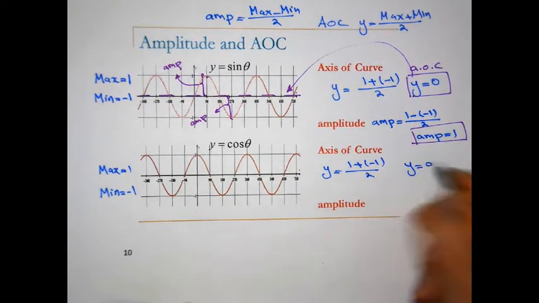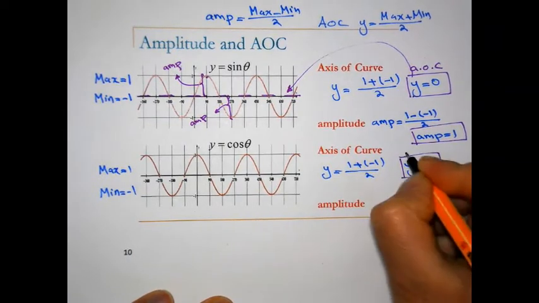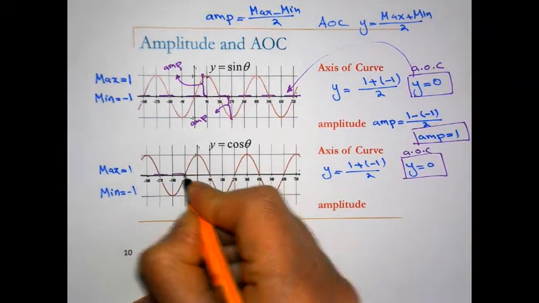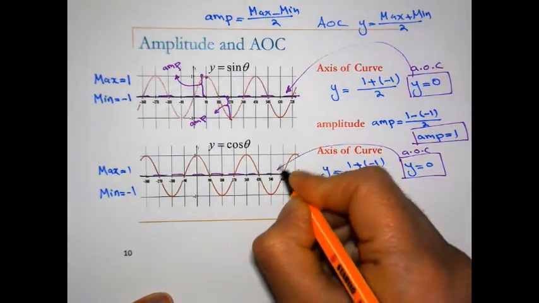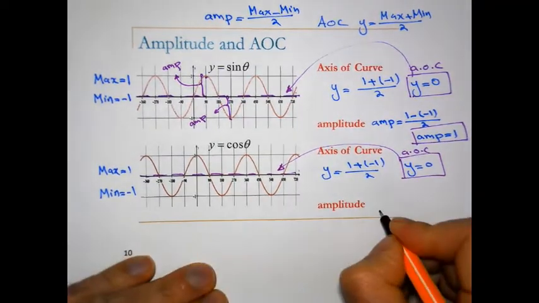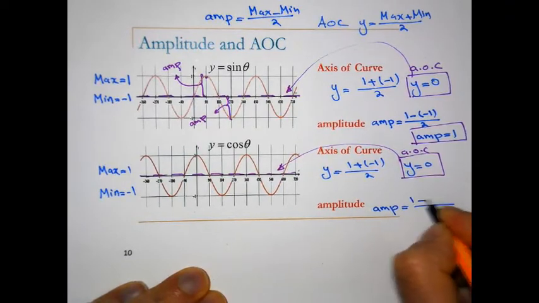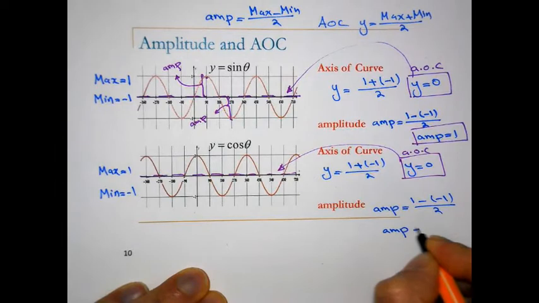So the axis of curve is the line y equals 0, which is the x-axis. So I'm going to graph it with a dotted line. And your amplitude is 1.